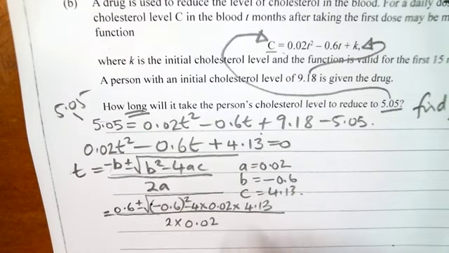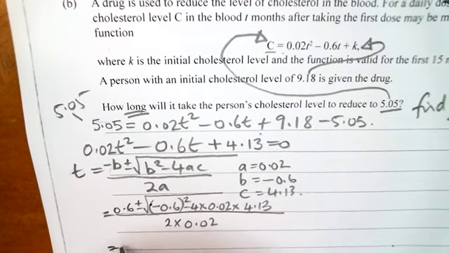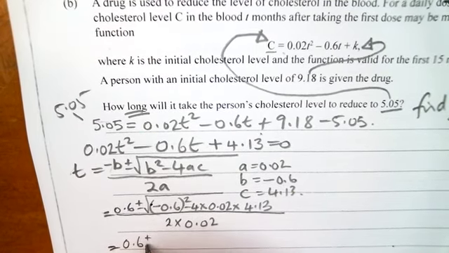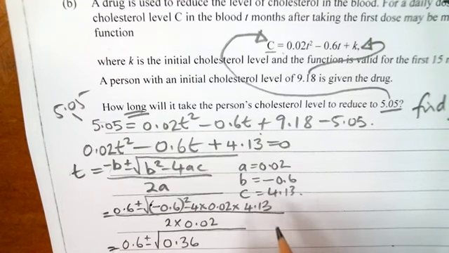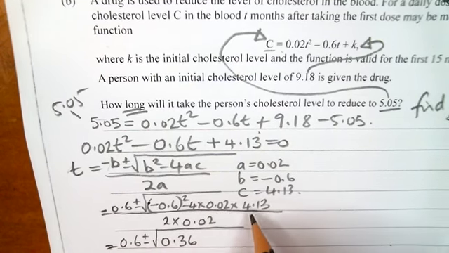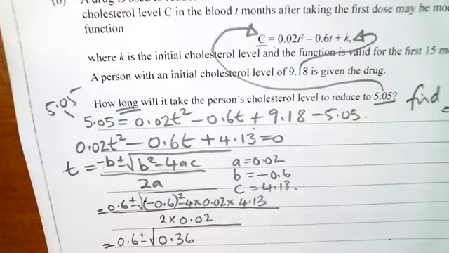So we've got 0.6 plus or minus. Now 0.6 squared is going to be 0.36. And we've got 4 lots of this time. I'm going to do it on the calculator there, but it looks a little bit evil.